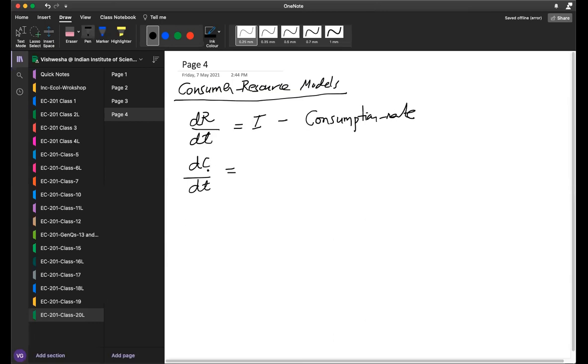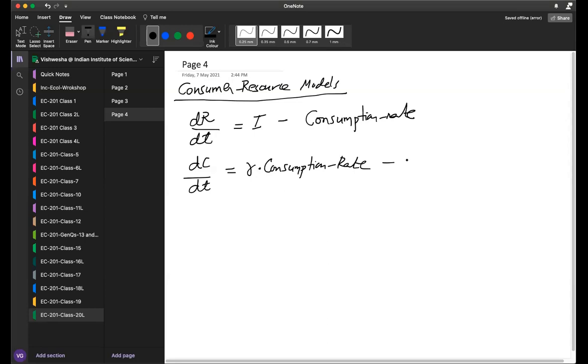So C is the consumer. Because of the consumption, let's say gamma is the efficiency of conversion of the resource, the conversion efficiency of this consumption, and therefore C will increase because of that.